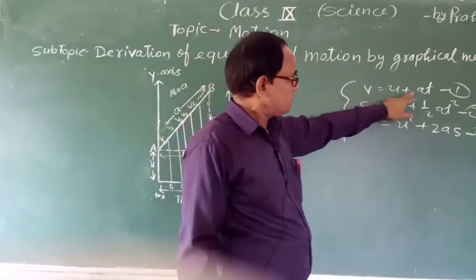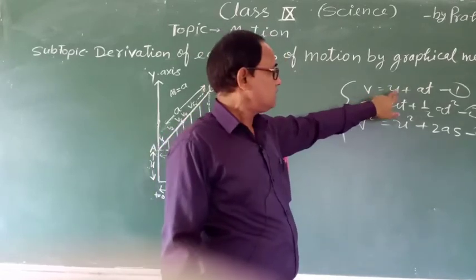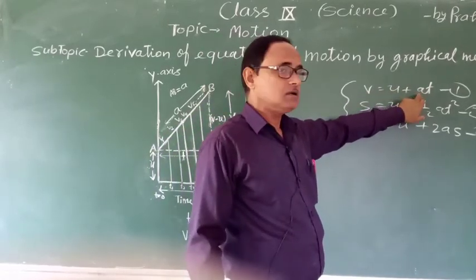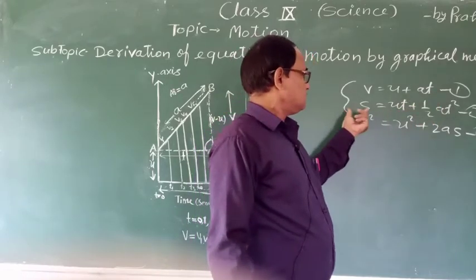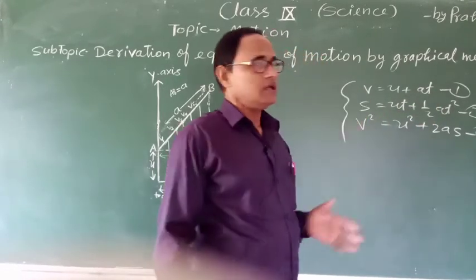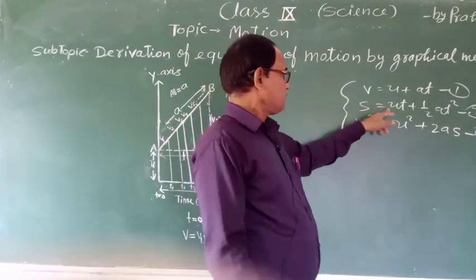Here in v is equal to u plus at, v is the final velocity, u is the initial velocity, a is the acceleration and t is the time, and s is the displacement covered by the body.